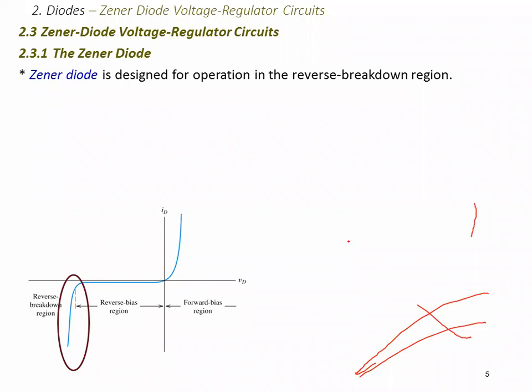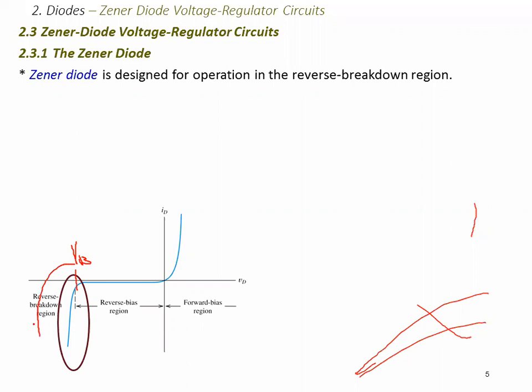Now, in our previous explanation, we said if the voltage across the diode in a reverse direction reaches a certain voltage, which we said is our breakdown voltage, then the diode will have thermal breakdown. That means too much current will flow and it will eventually break down. But the Zener diode is designed such that it can conduct in reverse breakdown.